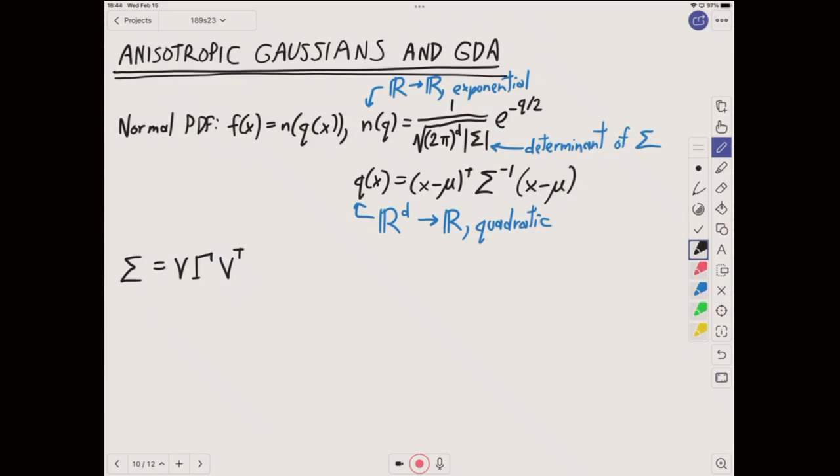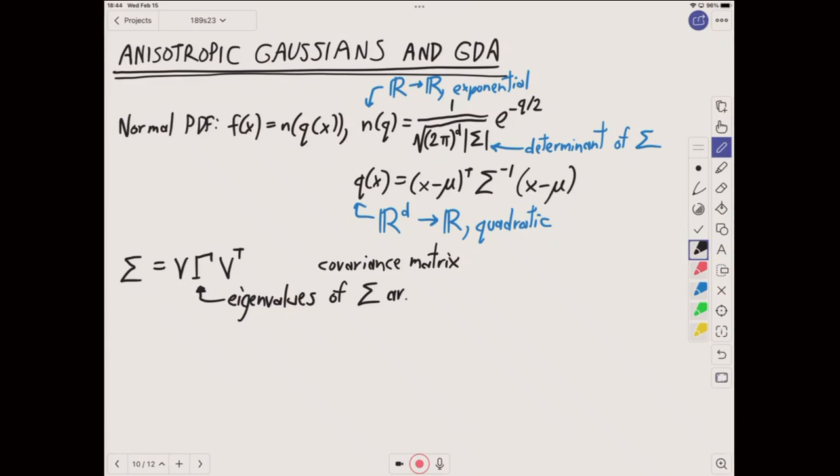This is, of course, the covariance matrix. And if I eigendecompose it like this, then remember the thing in the middle is a diagonal matrix. I've named it gamma instead of lambda because I'm going to have lambda be something slightly different. This is a diagonal matrix that has the eigenvalues of sigma, because it's an eigendecomposition of sigma.